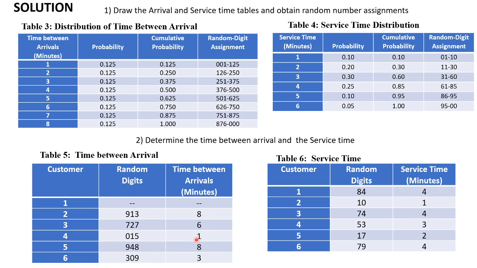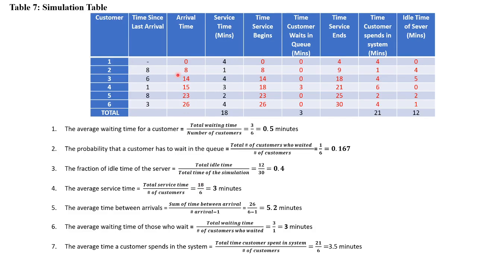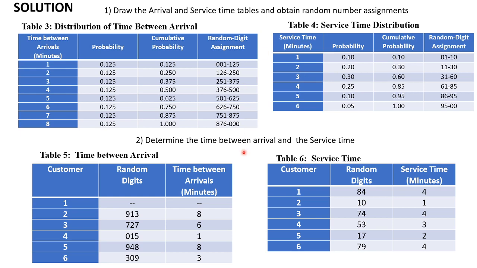And customer 4 came in 1 minute after customer 3 arrived, and in that order. So the time between arrivals starts with a dash, because customer 1 came in when nobody had come into the system. Then it follows 8, 6, 1, 8, 3, as we have on this table here.